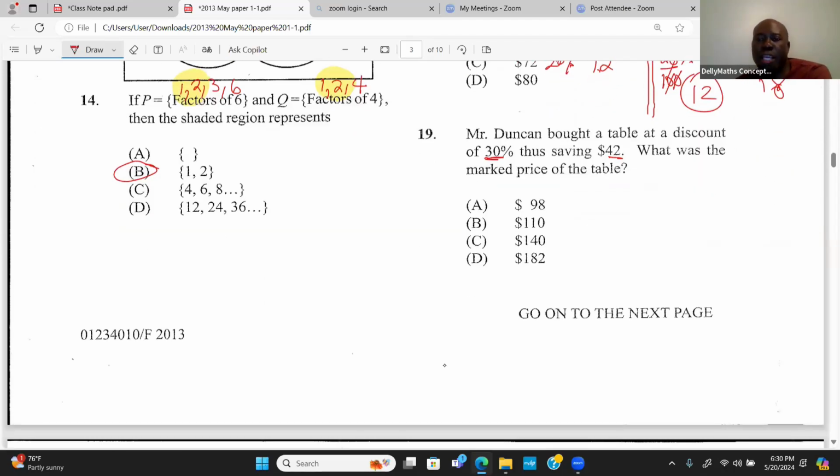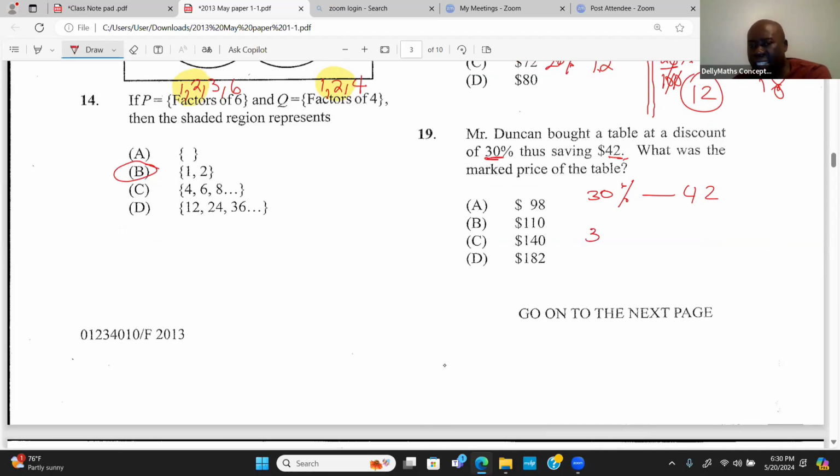All right. So in this question now, it says that Mr. Duncan bought a table at a discount of 30%. So there's a 30% discount that led to $42 come off. All right. What is the mark price? So you want to go back to 100%. There are a number of ways you could do this. There's a way you could do it like this.